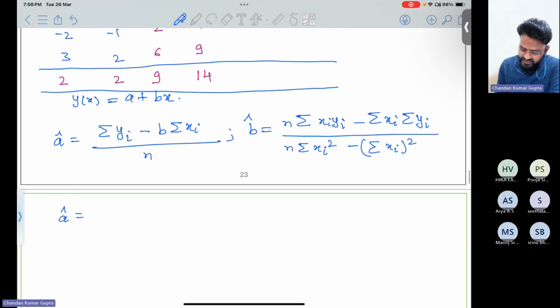A cap is summation yi, which is 2, minus b into summation xi, divided by n. We first need to calculate b.